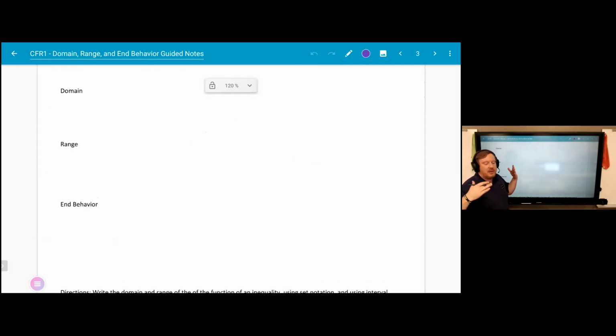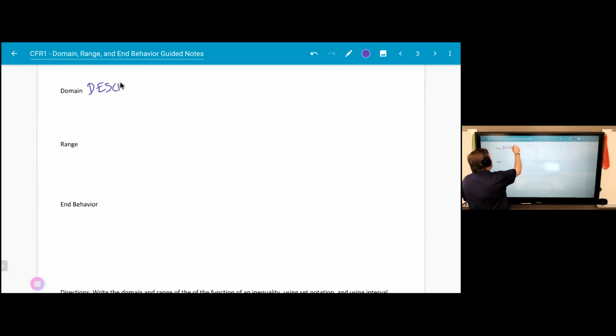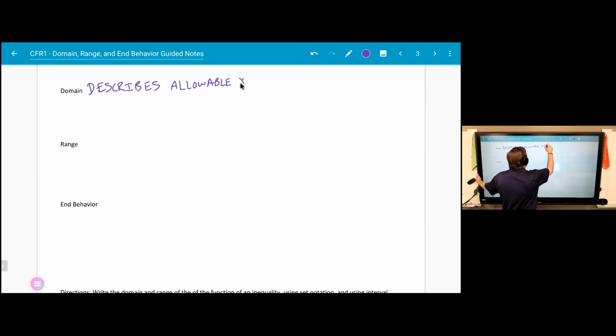Domain. The domain that we are talking about describes the allowable X values or inputs.